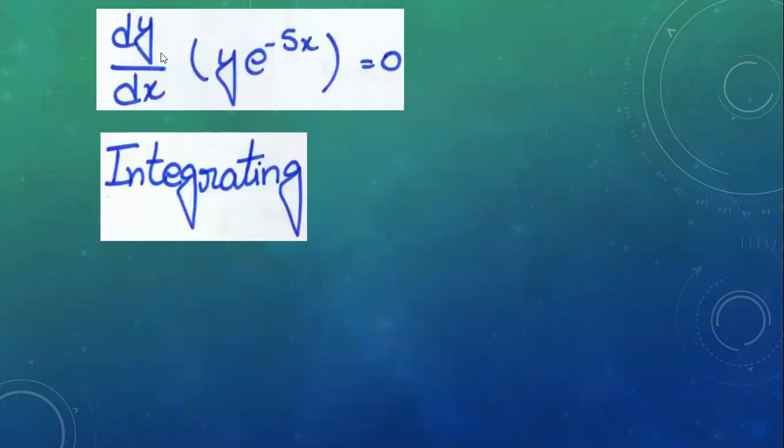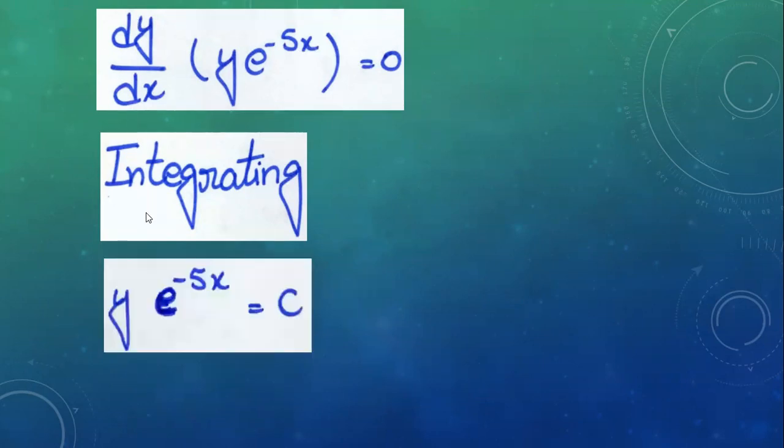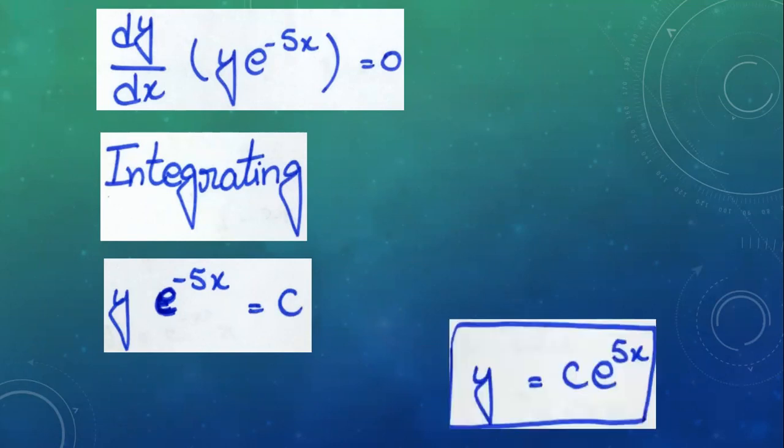So you will obtain d over dx of y times exponential power minus 5x is equal to 0. If you integrate it, this derivative will be dropped, and you will simply have y times exponential power minus 5x is equal to some constant of integration. If you want to find this y, you just take the exponential to the other side, and your y is equal to c times exponential power 5x.